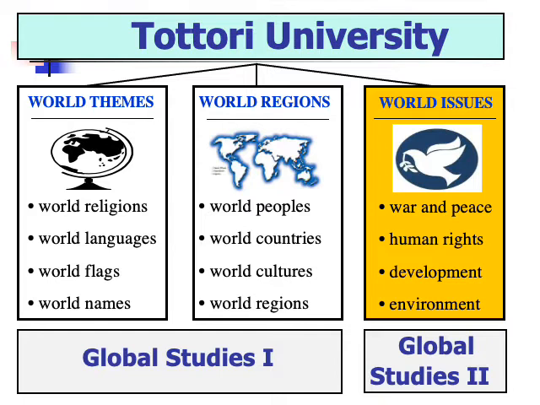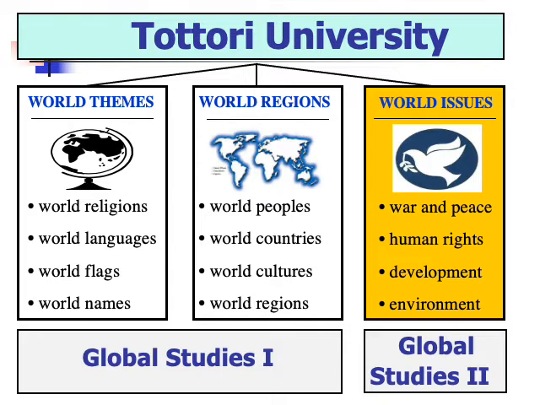Every week, a new topic. We study world religions, world languages, world flags, world names, world writing systems, world taboos, and so on. And the second half of the course is about world regions, peoples, countries, and cultures focused on Africa, Asia, Europe, Latin America, and the Middle East. That's in Global Studies 1, a 1-semester course.